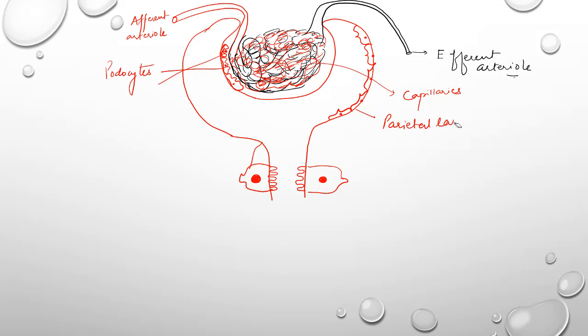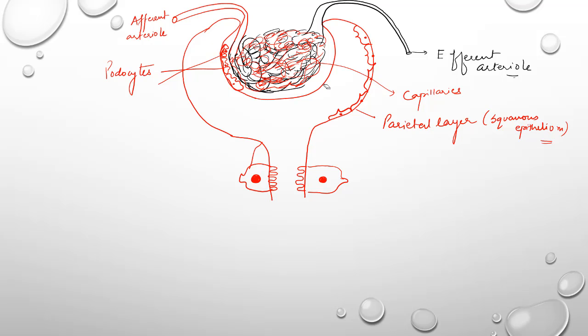Understood? These parietal layer cells are made up of squamous epithelium. Then comes the visceral layer.